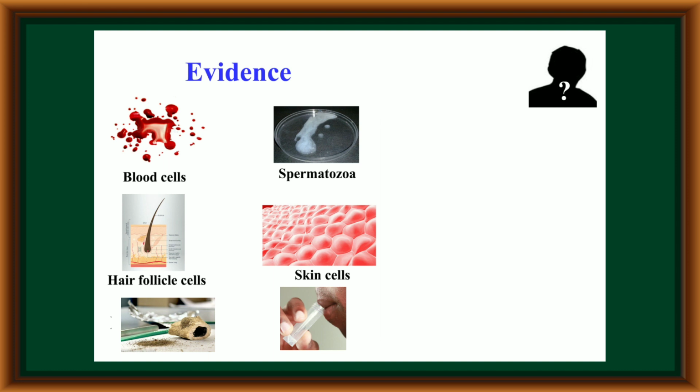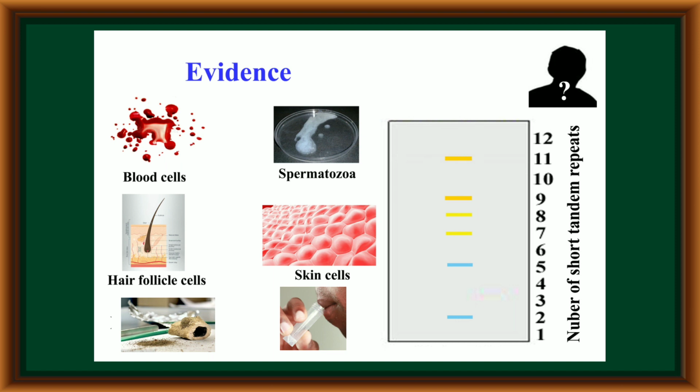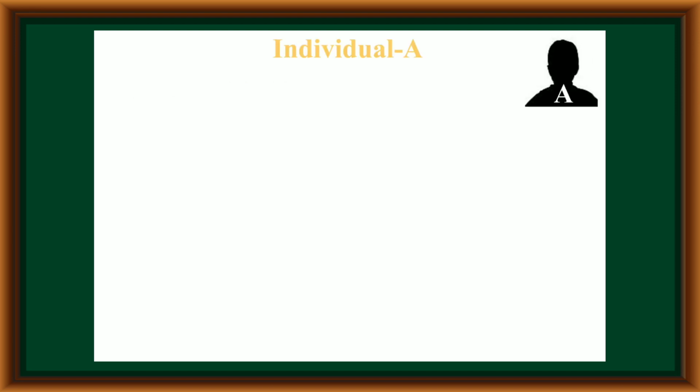With the help of this evidence, in DNA fingerprinting, we develop an autoradiogram having different bands with a characteristic feature, and these bands are unique to every person. Now, we compare this autoradiogram with other individuals like individual A. In every person, homologous chromosomes are present.